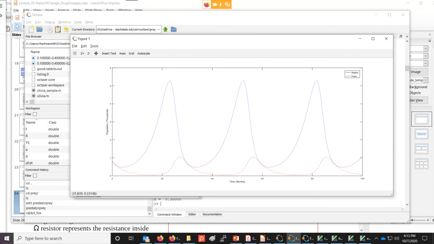So this gives us this kind of alternating, pulsating sort of thing where the population grows until there's so many rabbits that it's really easy for the foxes to catch them, and then the population of the fox grows, and so on. So you can see that up and down sort of thing.